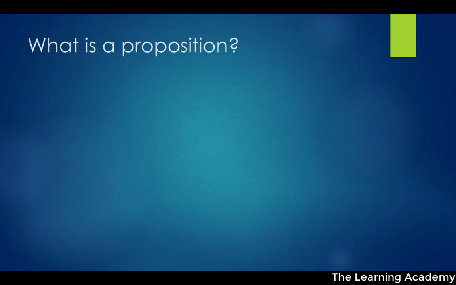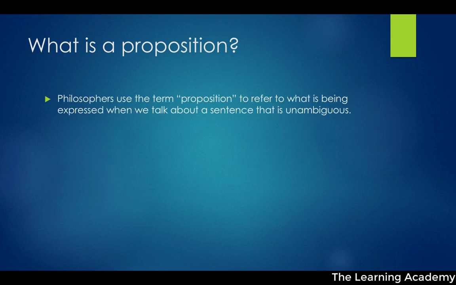Now, moving on to what a proposition is. Philosophers like to use the term proposition to refer to what is being expressed when we talk about a sentence that is unambiguous. It's impossible to not understand the meaning of it just from reading the sentence, unlike ambiguous sentences where you can derive more than one meaning on their face.